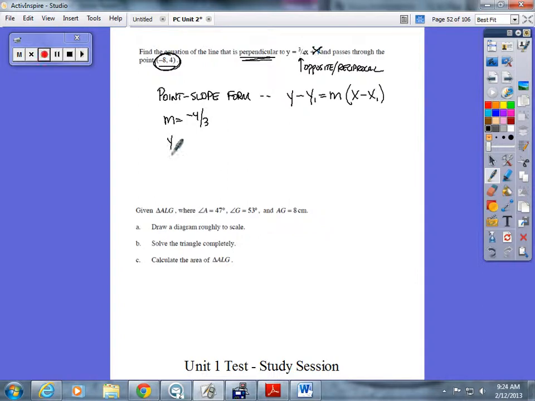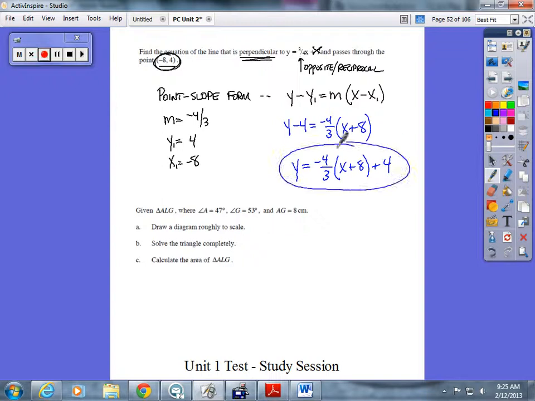So that means our y1 is going to be 4, our x1 is going to be -8. So when I substitute all of those in, I end up with y minus 4 equals -4/3 times x plus 8. If you want to solve for y, you may do so. Just do not simplify beyond that point, because we want it to be in point slope form. And again, it will ask for that specifically on the test.